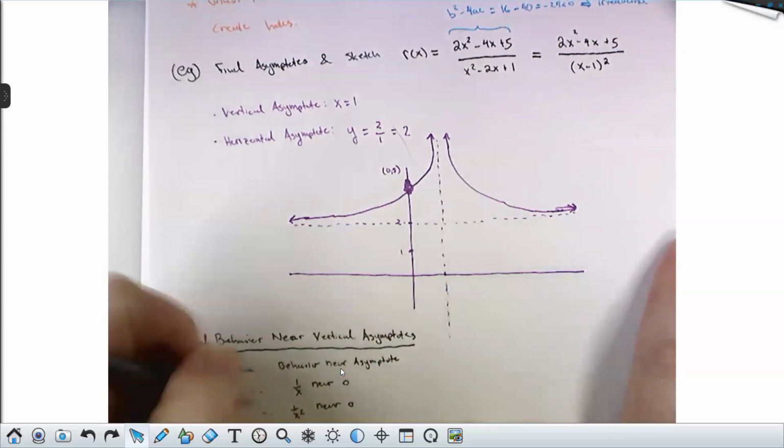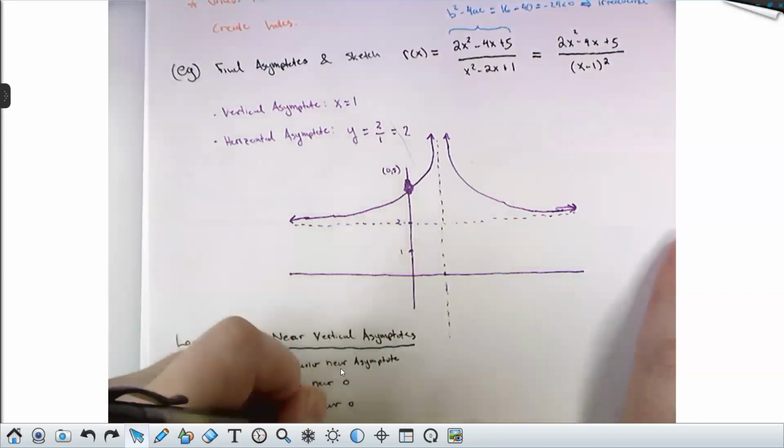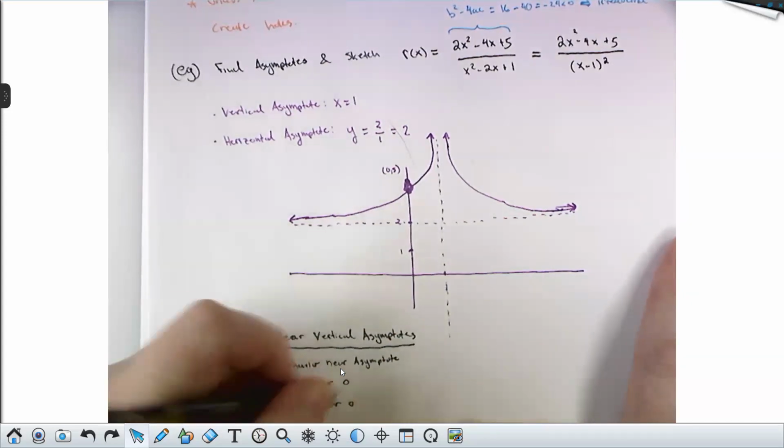If it's multiplicity 3, it'll be like 1 over x cubed near 0.